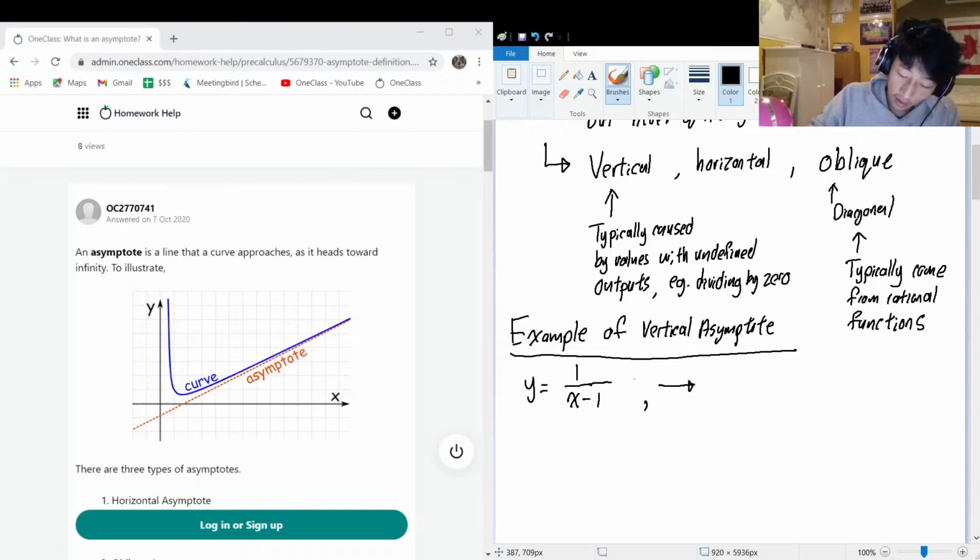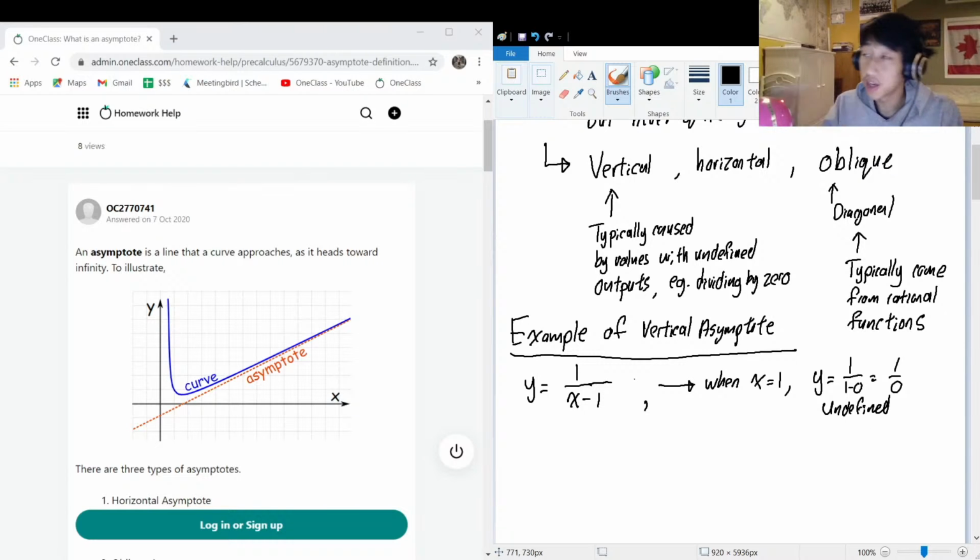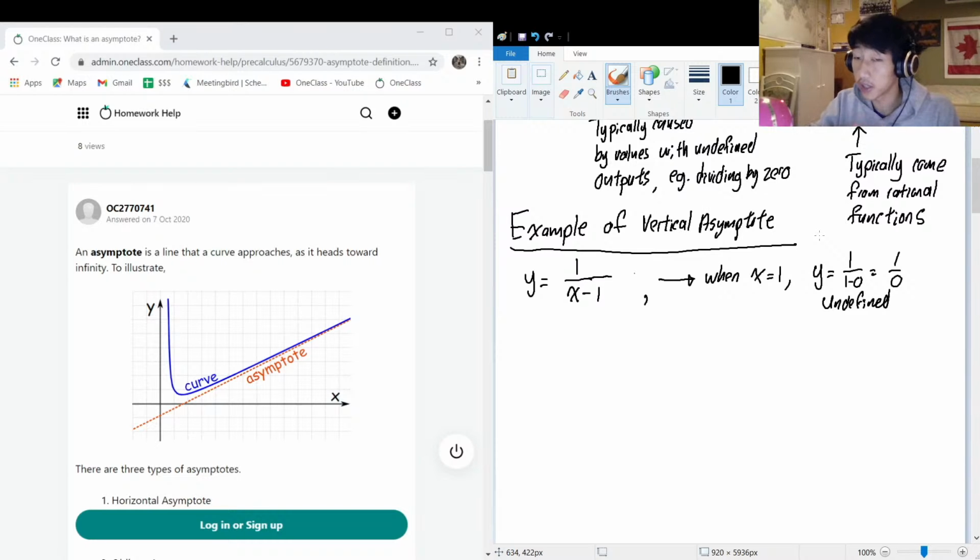You'll see that when x is equal to 1, y equals 1 over 1 minus 1 equals 1 over 0, undefined. So the function is undefined at x equals 1. And of course, that's just for this particular rational function. But if you had something like x minus 5 underneath, you would see that x equals 5 is what leads to a divide by 0, which is where it's undefined.